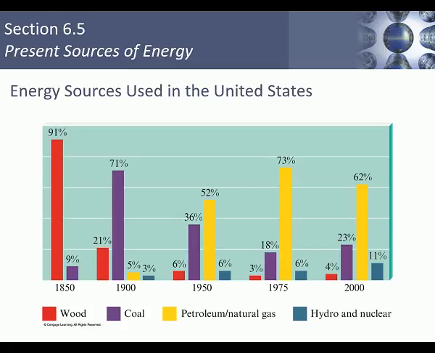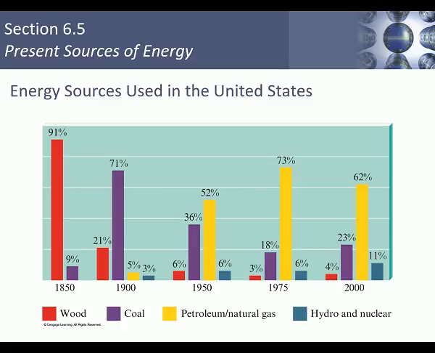As you can tell, and understandably so, in 1850, most of the energy that was produced in the United States was from wood, the combustion of wood, and the remainder was from the combustion of coal.